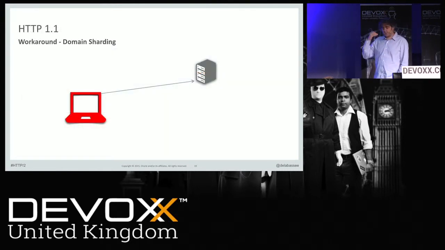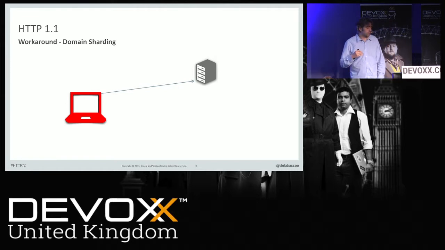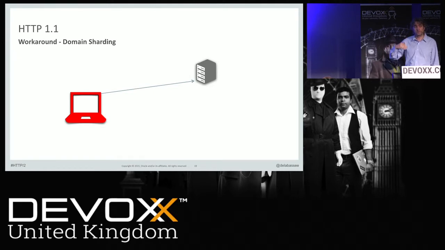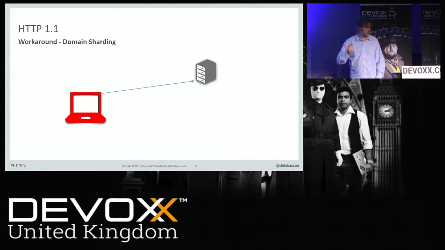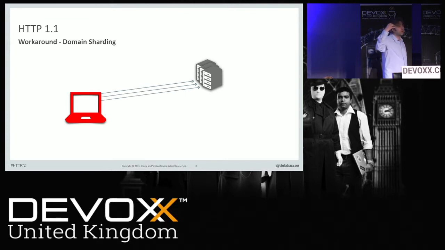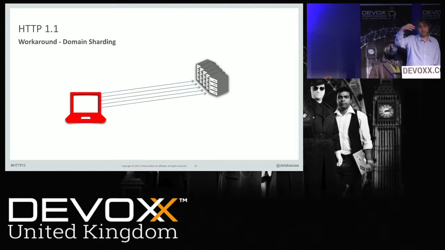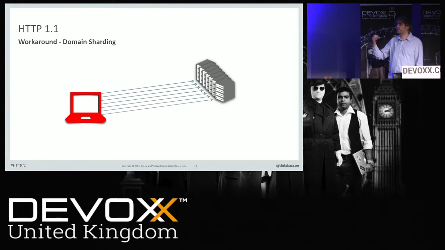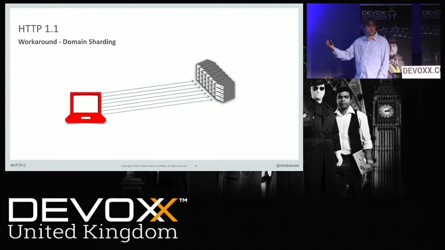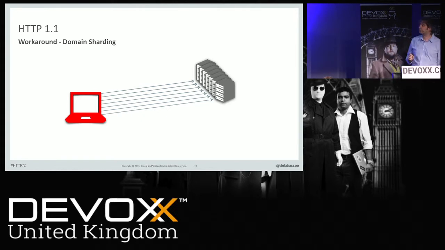We know that we are limited in terms of connections that we can have to a host. But if we want to have multiple connections, there is a way to work around that. It's domain sharding. Instead of having one host we connect to, we can have multiple hosts we connect to. It could be logical hosts, so we just do a tweak on the host name.